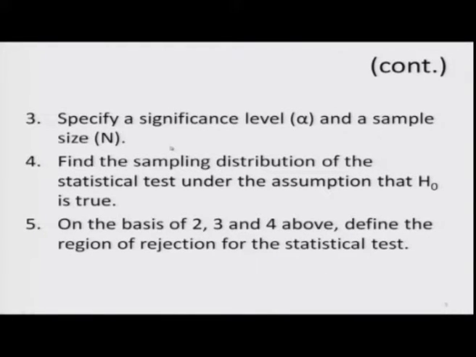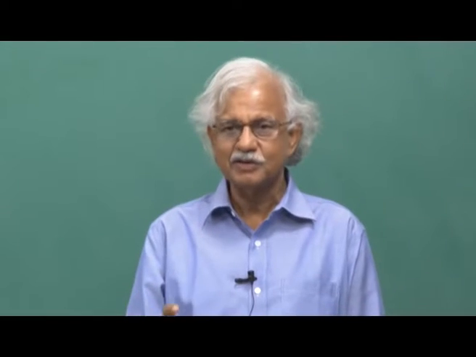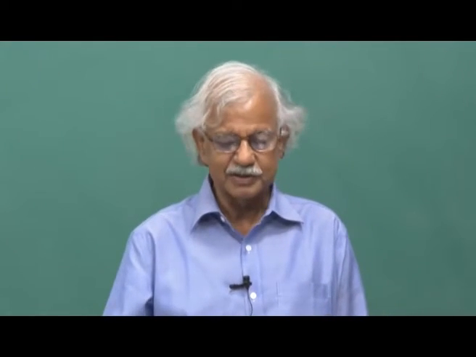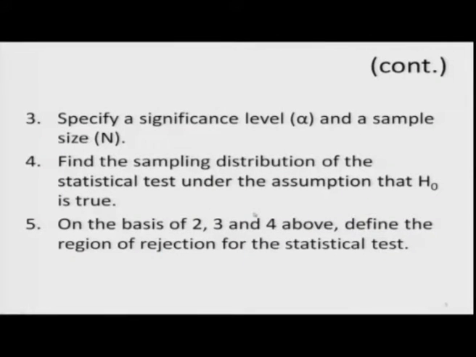Specify a significance level, and we will talk about what is significance level, and a sample size. Find the sampling distribution of the statistical test under the assumption that H0 is true. It may be sampling distribution of a function of correlation coefficient or sample mean or sample variance. Find out the sampling distribution of the test.